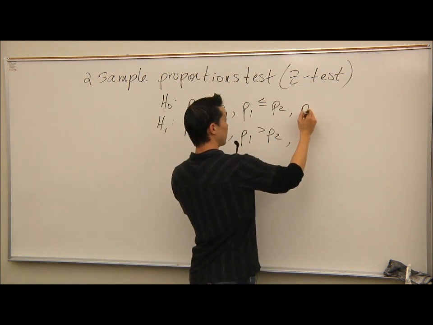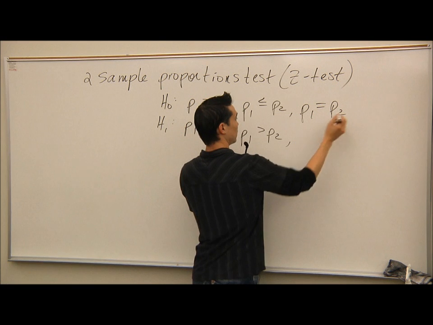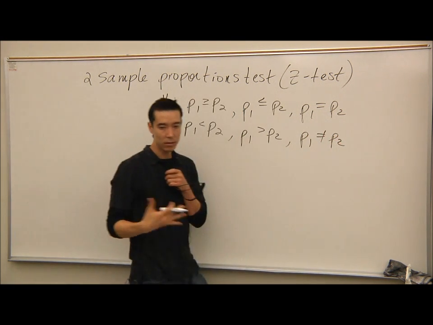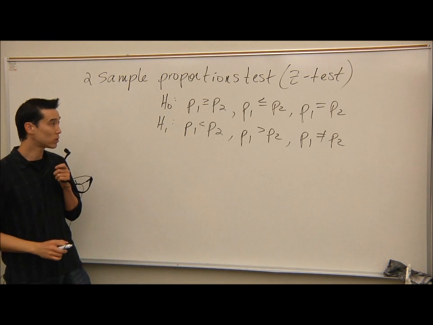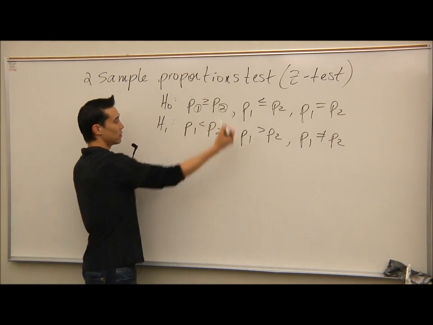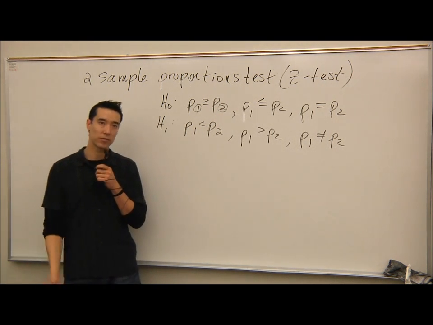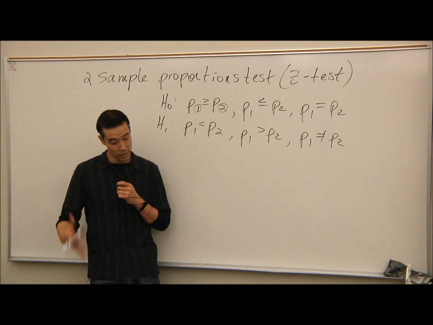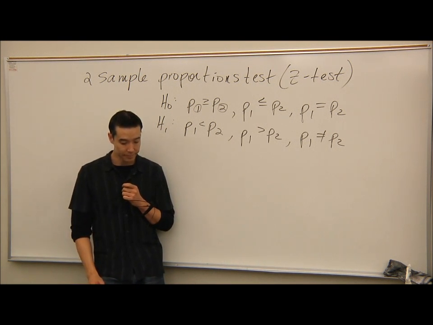And finally, you could have an equals, not equals. So you still have one-tailed, left-tailed, right-tailed, or two-tailed tests. But again, we're labeling one of these hypothesized proportions from one sample or population as 1, and the other we'll label as 2 from the other sample or population. Okay?